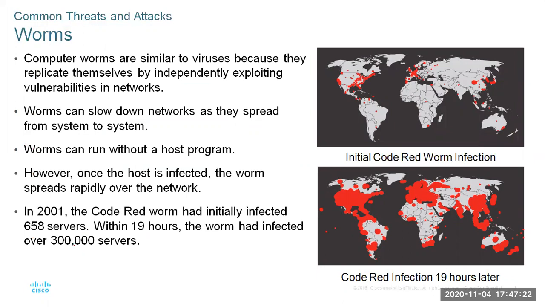Now the third one we're looking at is the worm. We have looked at viruses, we have looked at Trojan horse, now the worm. Now, computer worms are similar to viruses because they replicate themselves by independently exploiting vulnerabilities in the network.